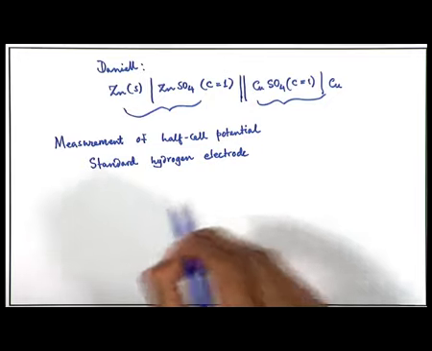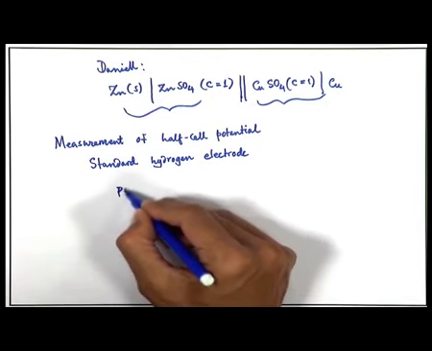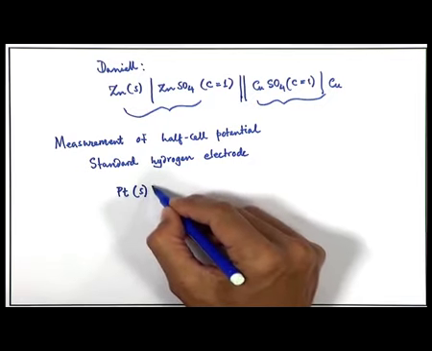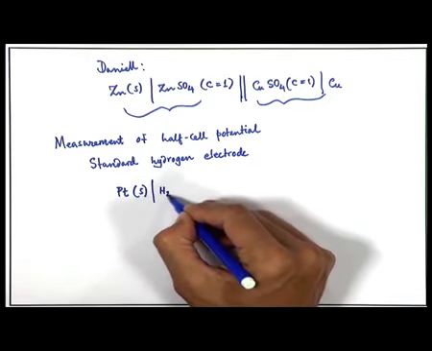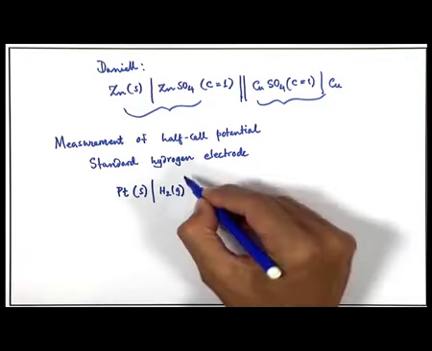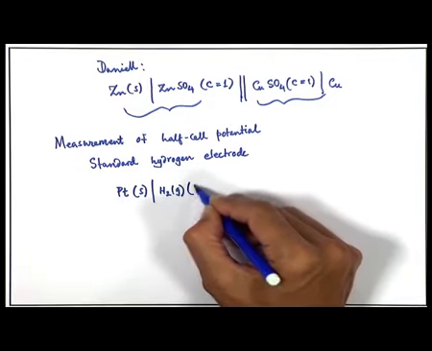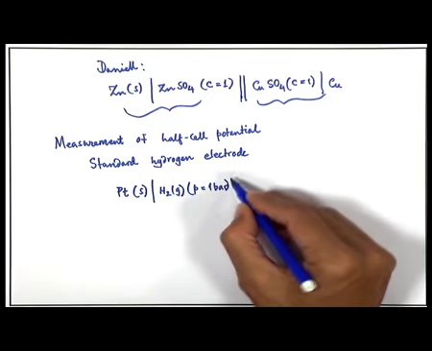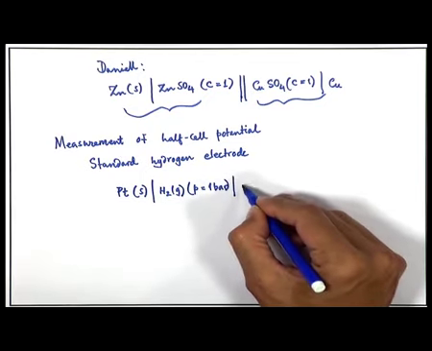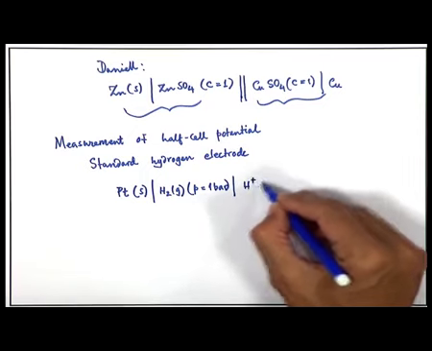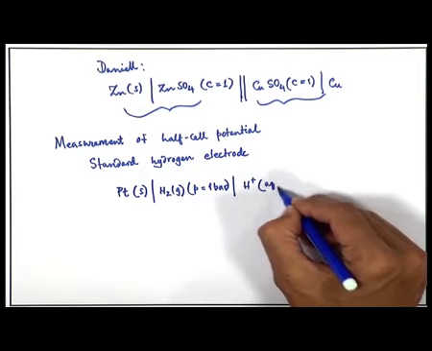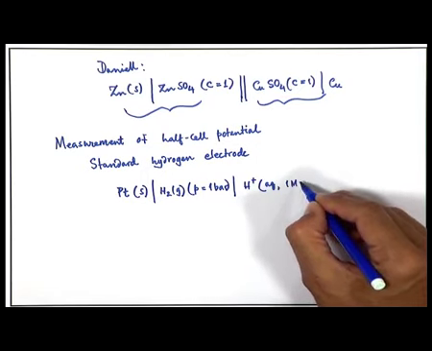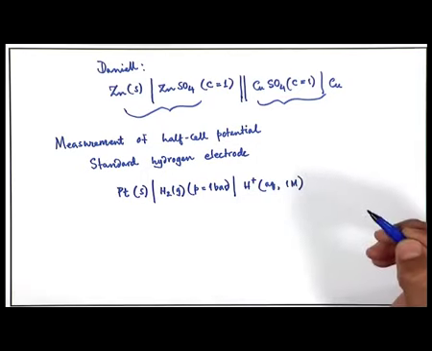Okay. So, it is basically represented like this: Pt solid, then H2 gas at 1 bar, P 1 bar, then H plus, that means acid aqueous, it is 1 molar, maybe 1 molar HCl.